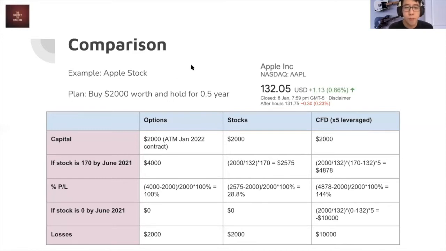So for example, this Apple stock, you have a plan for this Apple stock that you want to buy $2,000 worth of either options or stocks or CFD and hold for maybe half a year. And currently Apple price is 132.05.